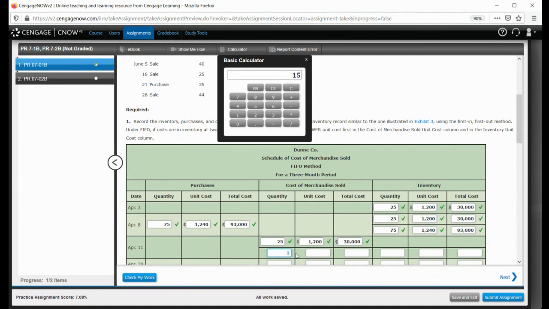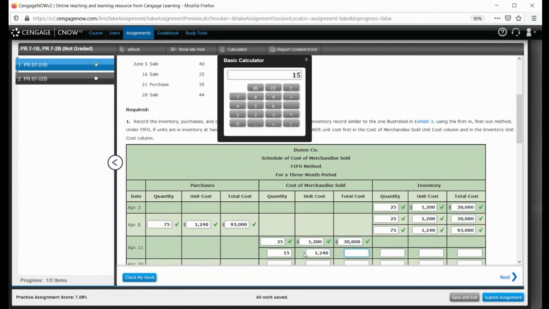That 15 units has to be recorded in the cost card. I did not sell just 25 units. I sold a total of 40 units. 25 of those came from the first purchase. The other 15 are going to come from this second purchase of $1,240.